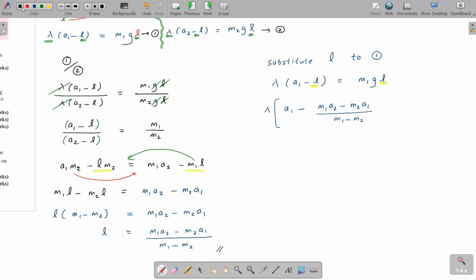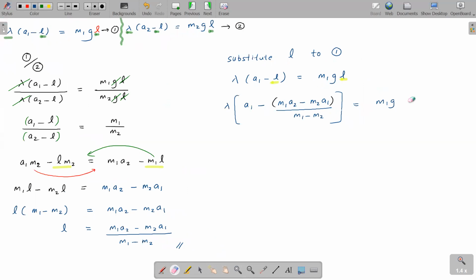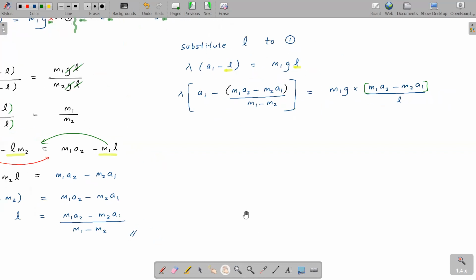Better to put it inside a bracket, equals M1GL. Again, there's M1GL, which means this L also should be substituted, which is (M1A2 minus M2A1) divided by (M1 minus M2). So just do this really slowly and carefully. Your simplification needs to be correct.